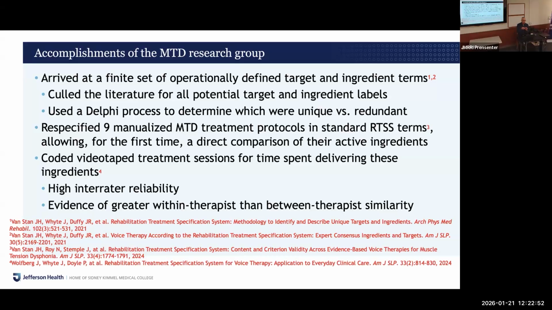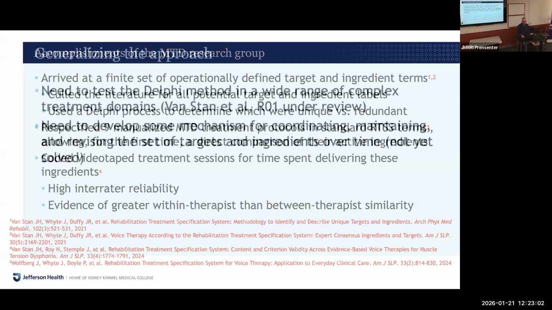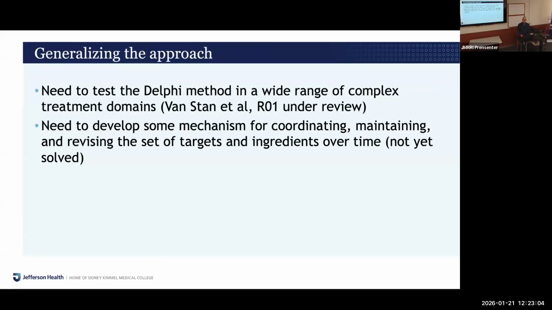So therapists do seem to have meaningfully different practice styles with different ratios of ingredients, which paves the way for asking, does that make any difference in the types of outcomes? Now, that's been done for this tiny little area of voice therapy. If we wanted to reap those kind of benefits, we'd have to do that in every treatment area. We'd have to come up with operationalized targets and ingredients.